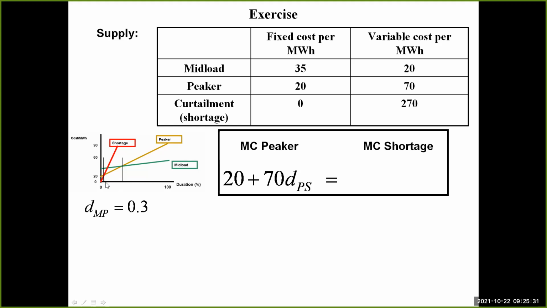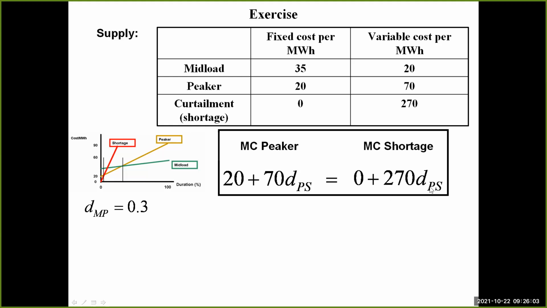For this intersection, 20 plus 70 times the duration should be equal to shortage. Fixed cost is 0, but the variable cost is the cap, because you can think the cap is the highest price in the system. So this is like the opportunity cost of electricity. If you tell somebody they cannot use electricity, basically the cost of that is the highest price you can have in the system.